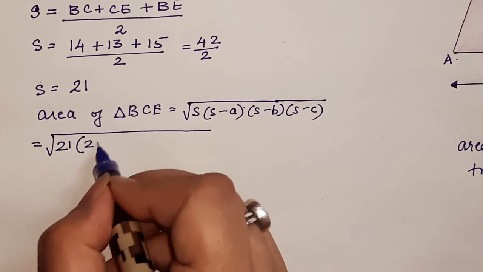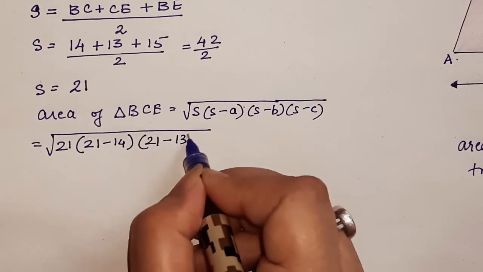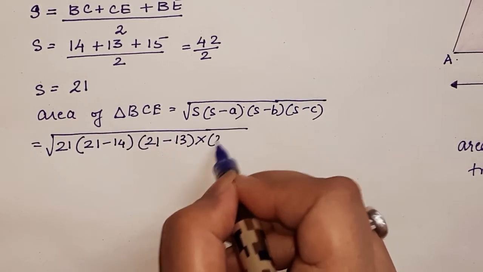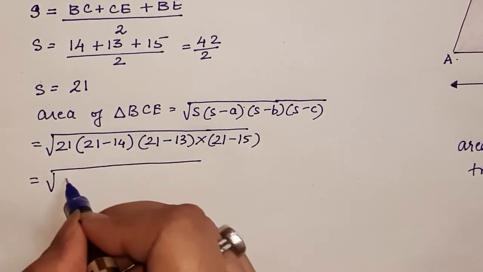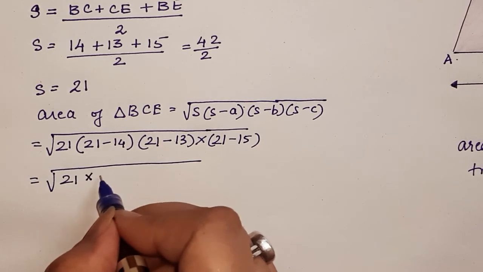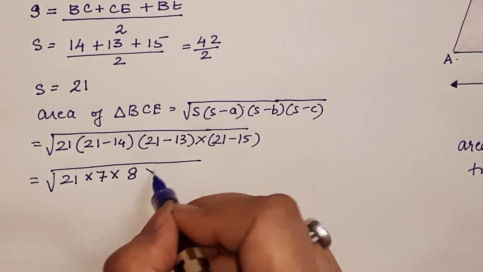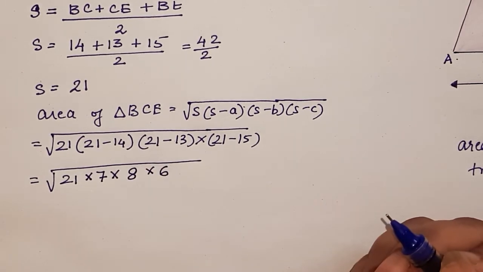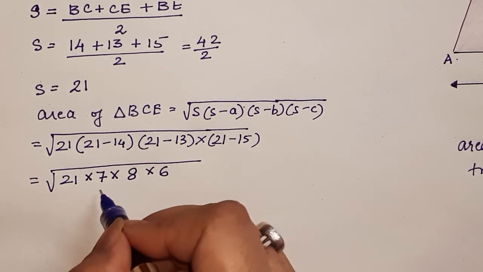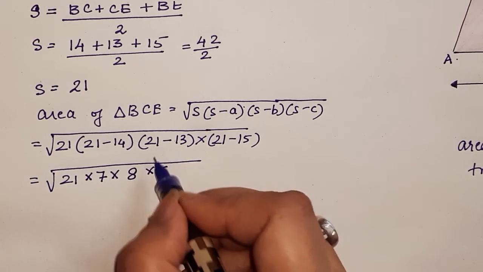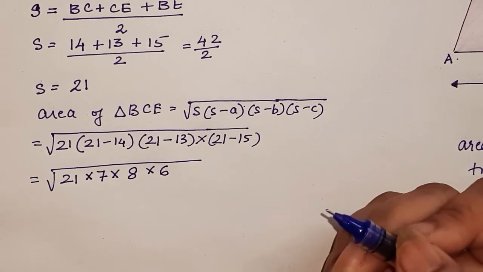We will get 21 minus 14 multiplied by 21 minus 13 multiplied by 21 minus 15. This will give us 21 multiplied by 7 multiplied by 8 and multiplied by 6. Because 14 subtracted from 21 gives 7, 13 subtracted from 21 gives 8, and 15 subtracted from 21 gives 6.